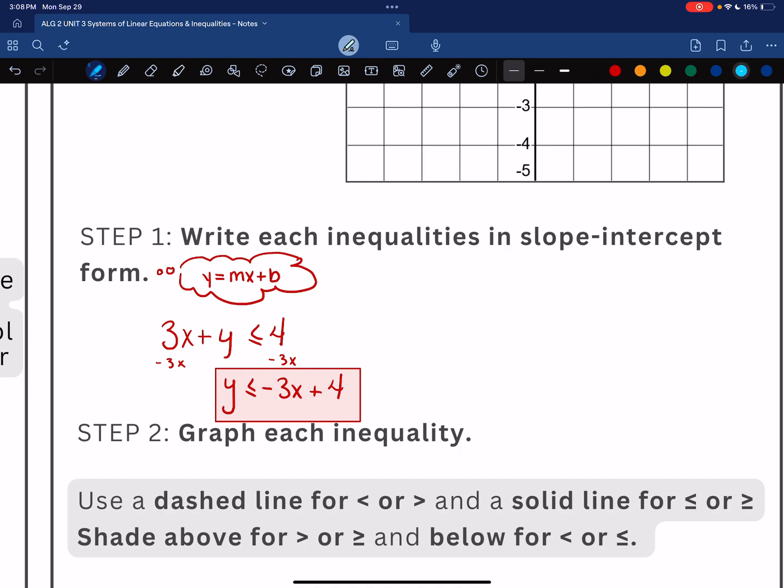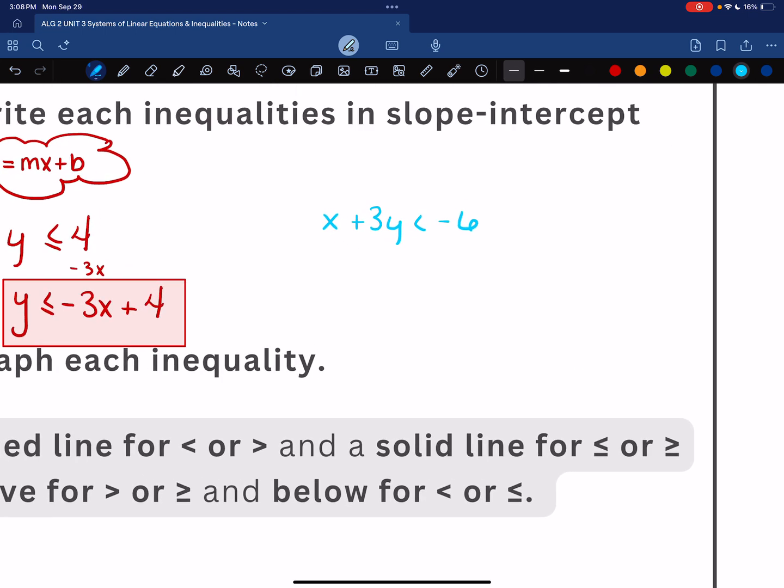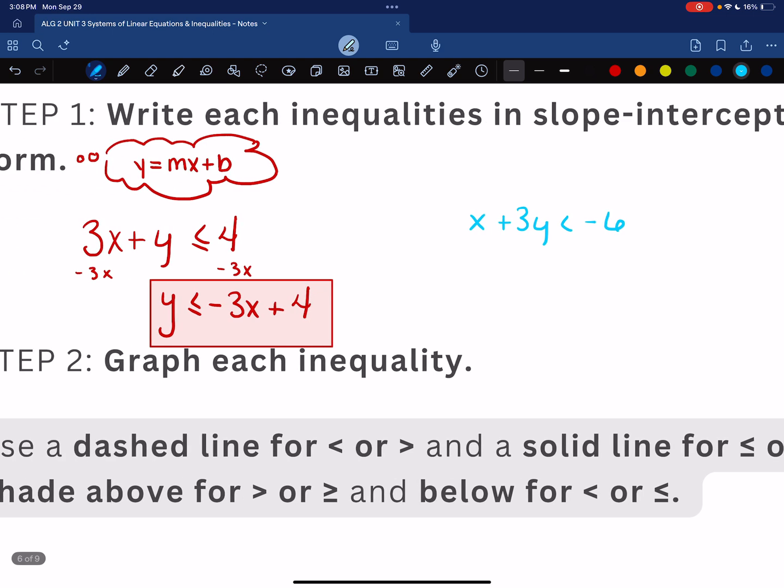And we need to do similarly with our second inequality. We have x plus 3y less than negative 6. Give yourself some space here. This one's going to take a couple more steps. Like we did before, we need to get our linear term, the x term, to the other side. We'll do so by subtracting because it is positive. So it's negative x minus 6, but that y is still not yet by itself.